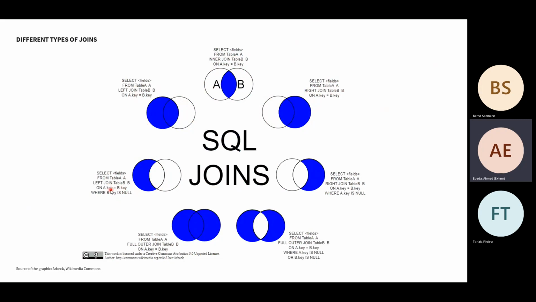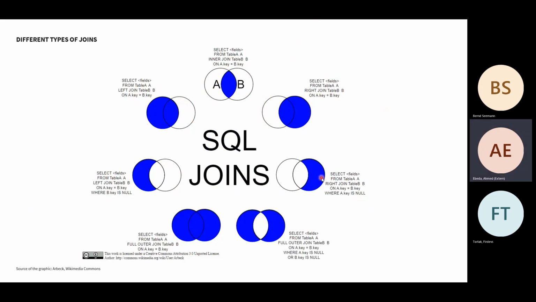But if you say on A.K equals B.K, where, if you do filtration, B.K is null, where B.key is null, it means it will remove the values which are null in B. So in that case, it will not bring any one from B which is null.